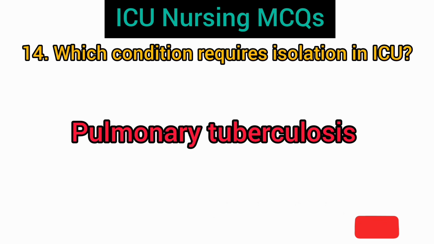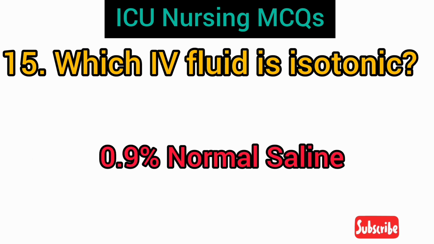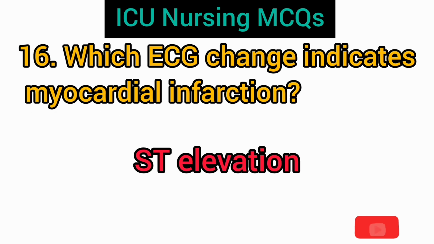Pulmonary tuberculosis. Which IV fluid is isotonic? (0.9%) normal saline. Which ECG change indicates myocardial infarction? ST elevation.